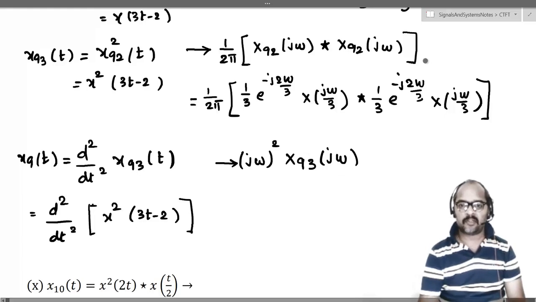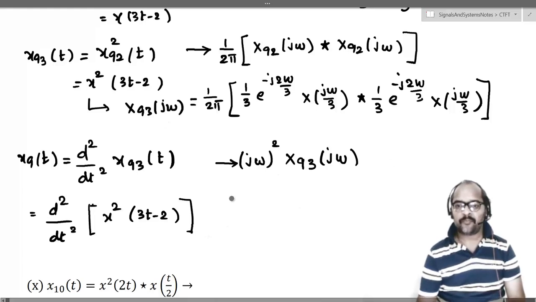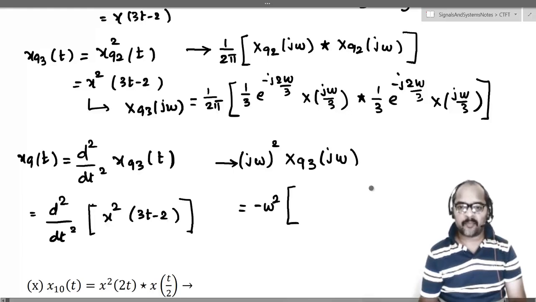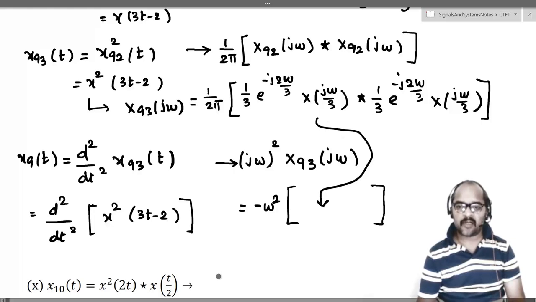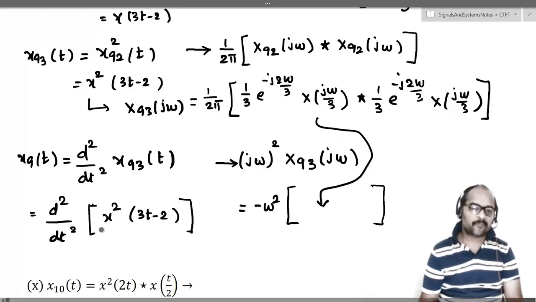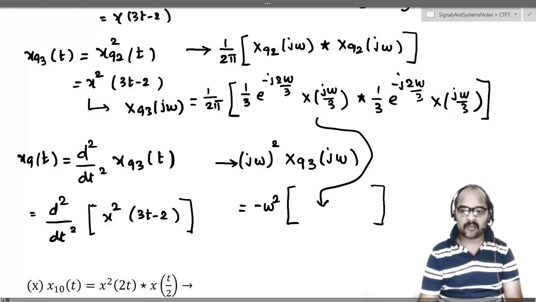The final term we got above is our x93 of j omega. So this would be minus omega square multiplied with this whole thing, and that would be the Fourier transform of this whole signal.